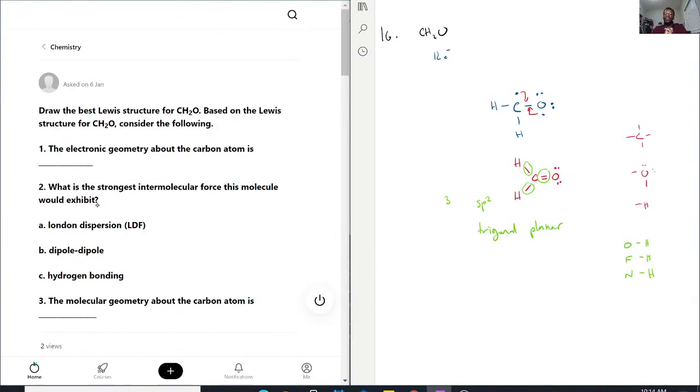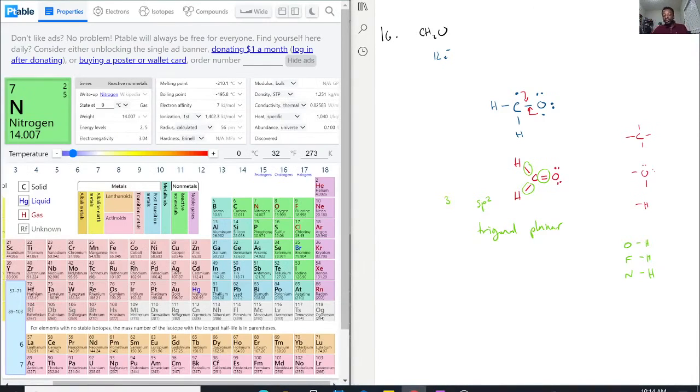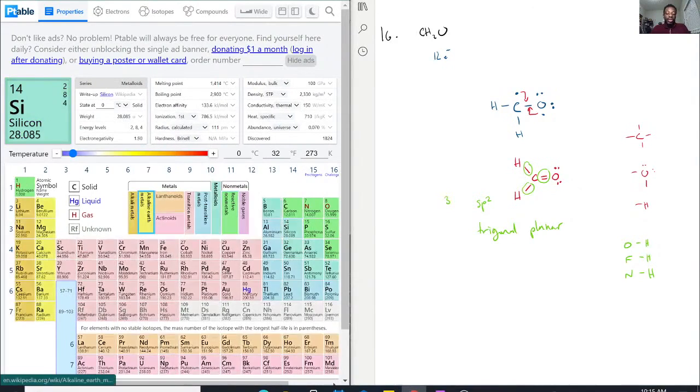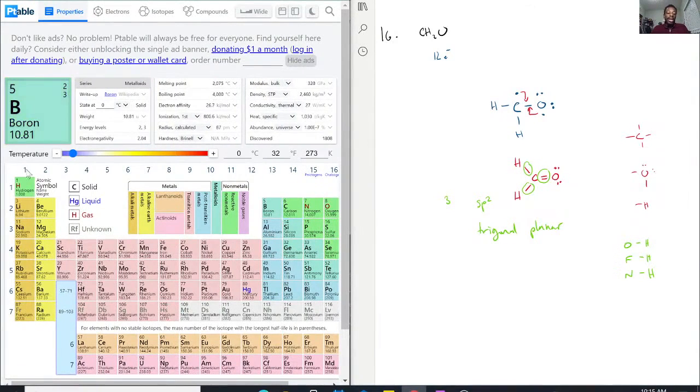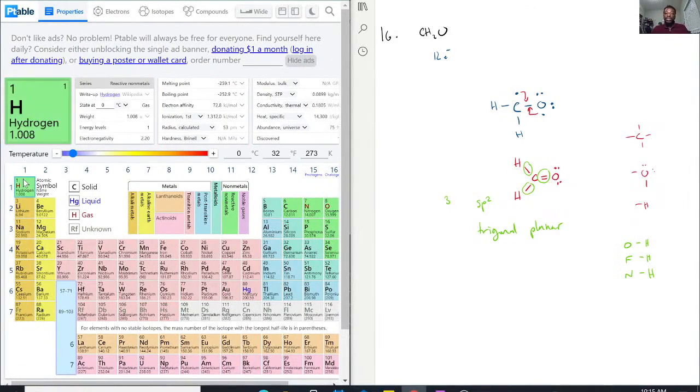Now dipole-dipole, that one is a little bit more intricate. That one is based on the electronegativity difference. So between carbon and hydrogen, carbon is 2.55, hydrogen is 2.20, so the difference is 0.35. Those types of bonds are typically considered non-polar covalent bonds, so they're non-polar.